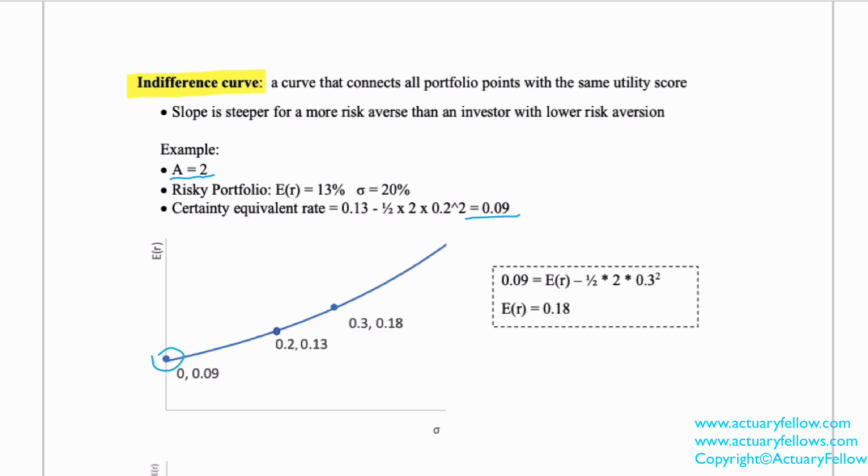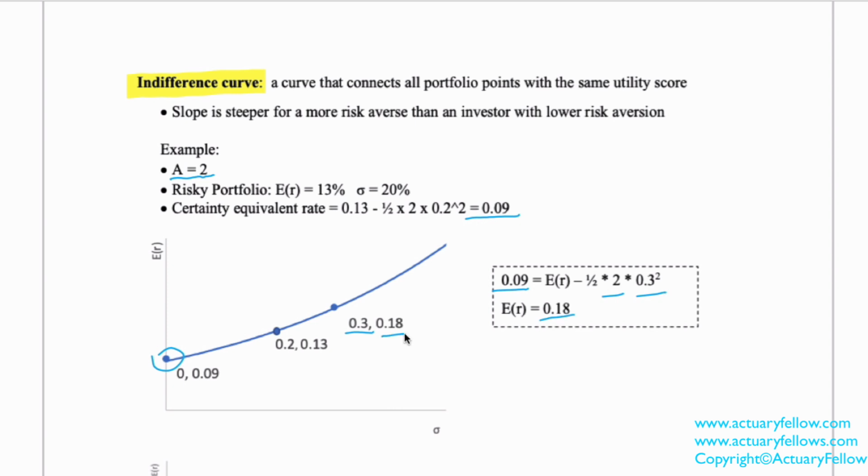If we want to find out the expected return of another risky portfolio on the same curve, we just need to plug the utility 0.09, the standard deviation of that portfolio, into the utility function. For a portfolio with a standard deviation equal to 30%, we plug the number 0.09, 2, and 0.3 squared into the equation and get expected return.